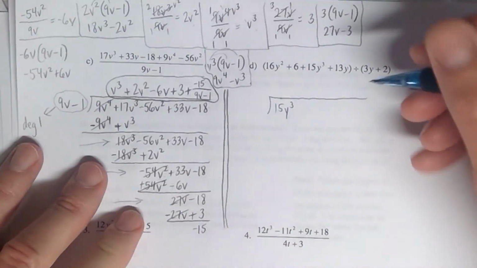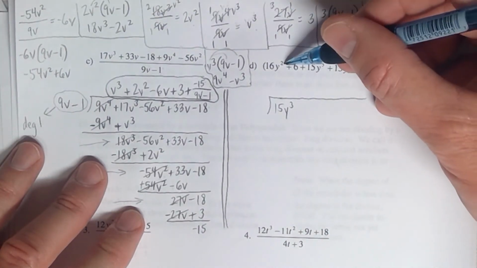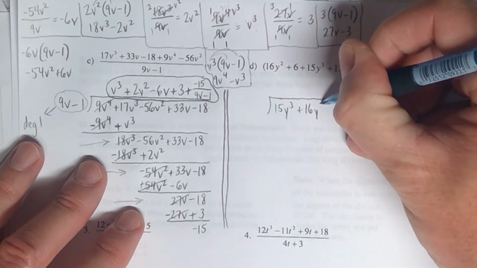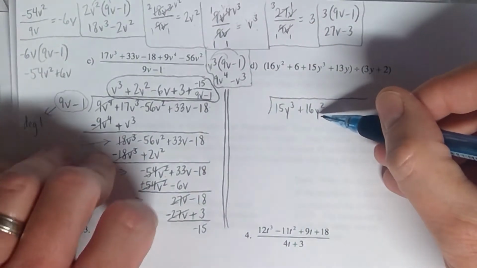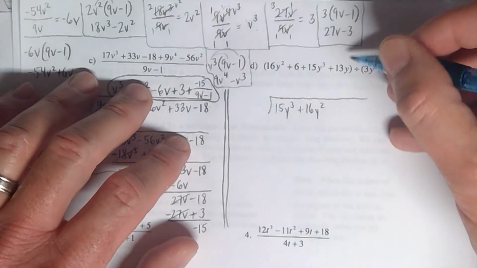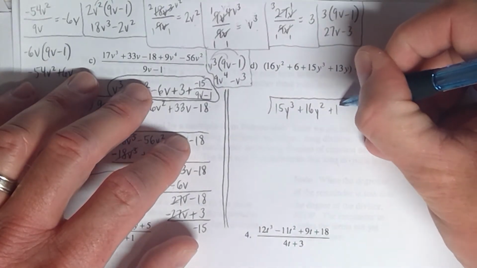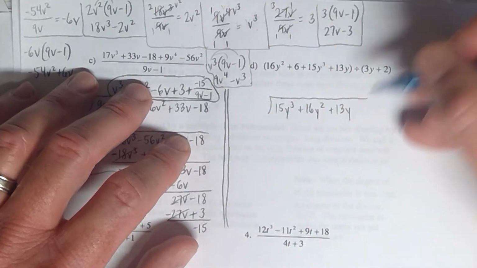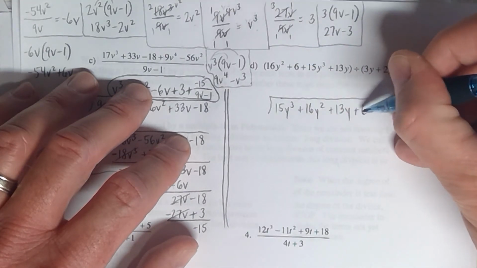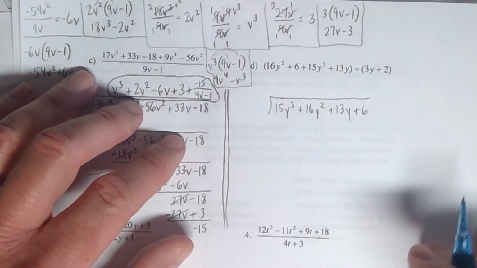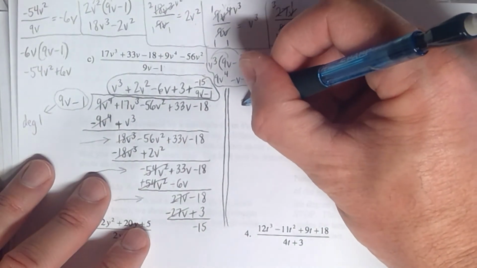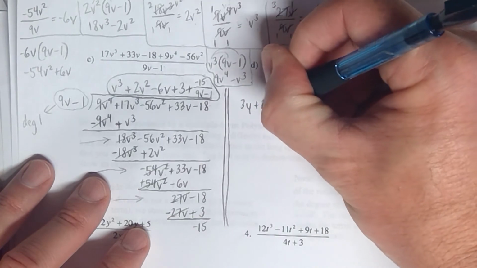You don't need to write that if you don't want to because it's positive. 16y squared, since that's positive, I do need to put a plus in front of that since it's no longer the first term, it's now the second term. 13y is next. Again, put a plus in front of that because it's positive. And then finally positive 6, put a plus in front of that because it's positive. And now it's in descending order. The 3y plus 2 is already in descending order, so no need to change the order of that.